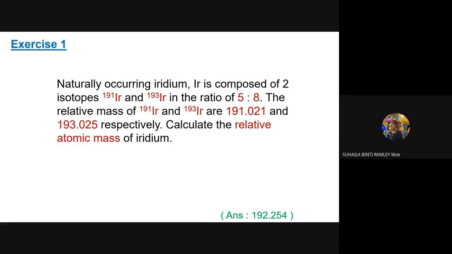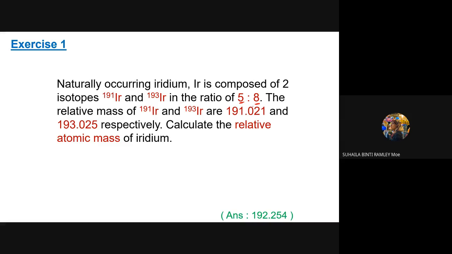Okay, proceed. Exercise: this one, we need to discuss or you try. Calculate the relative atomic mass. This is given in ratio.